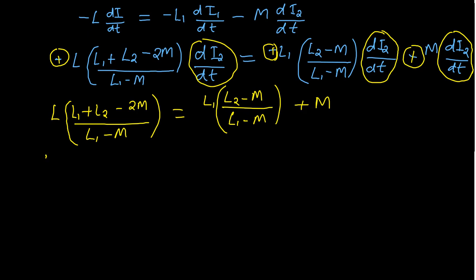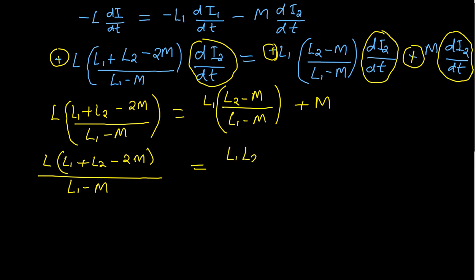L into (L1 plus L2 minus 2m), LHS is same, L1 minus m, equal to (L1 L2 minus L1 m) divided by (L1 minus m) plus m into (L1 minus m) divided by (L1 minus m).